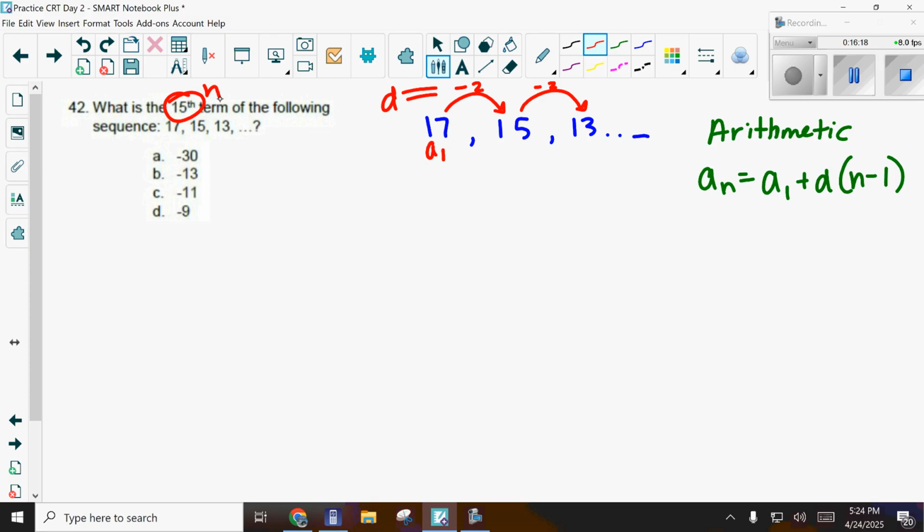N is 15. So if I plug all of this into this formula, it's going to be 15. A1 is 17. D is -2. And then we've got 15 take away 1. We type that all into your calculator. The answer to number 42 ends up being -11.